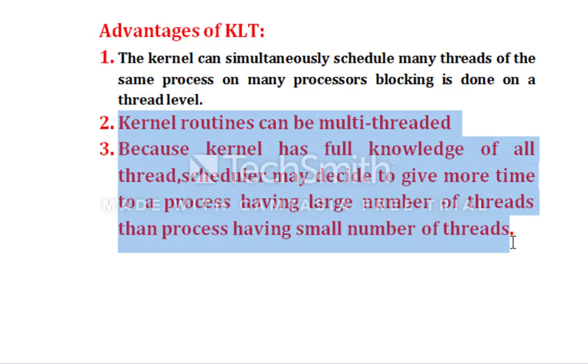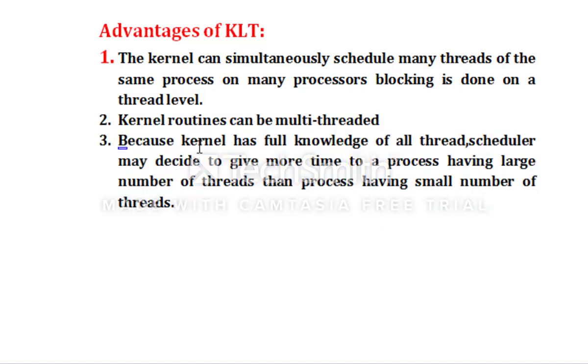This is again an advantage of kernel level threads. Because the kernel has full knowledge of all the threads, the scheduler may decide to give more time to a process having a large number of threads than a process having a small number of threads.